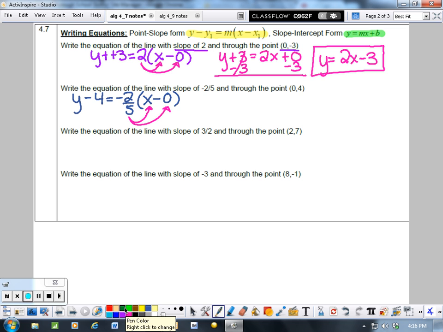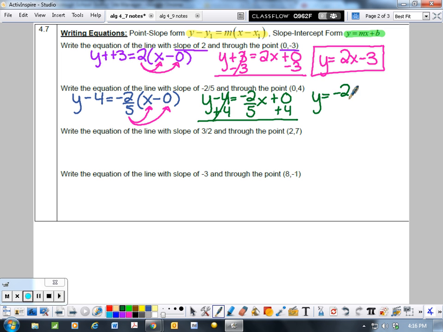So now our equation is going to look like y minus 4 equals negative 2/5 times x. And luckily, negative 2/5 times 0 is just 0. I now move that 4 to the other side, so I add 4 on both sides. So now we have our equation y equals negative 2/5 x plus 4.